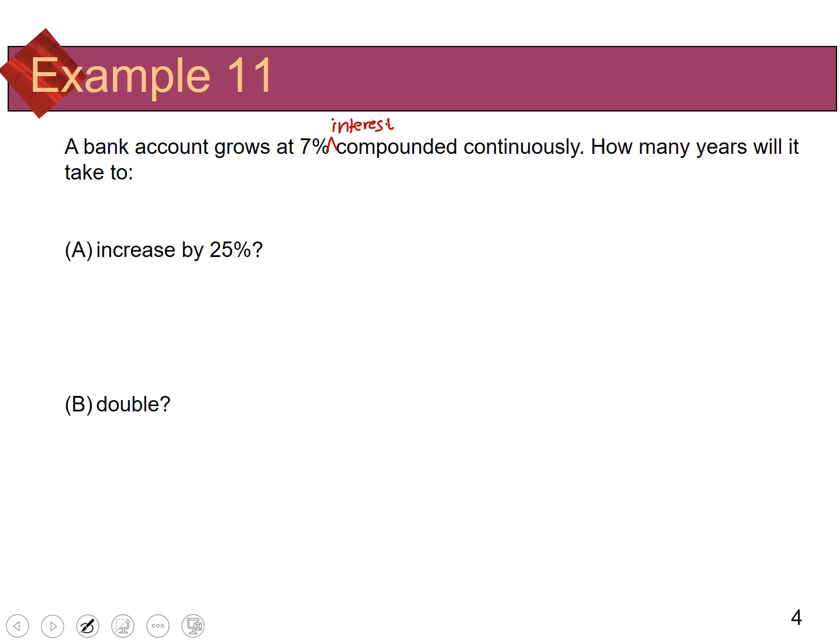How many years will it take to increase by 25% of the original amount? And how long will it take for the bank account to double in value? So take a moment or so and answer these two questions, and then I'll go over it. So first answer part A.